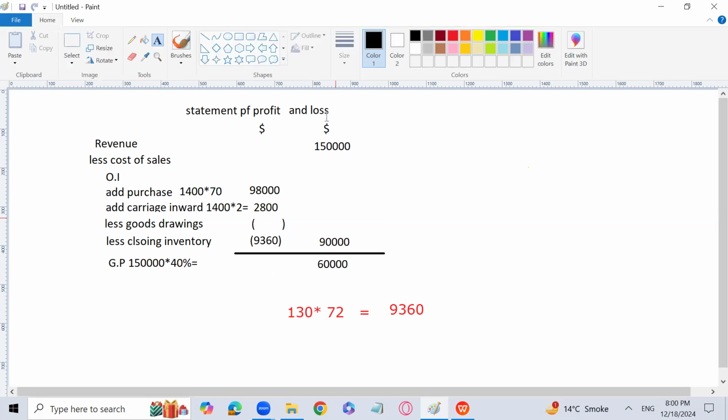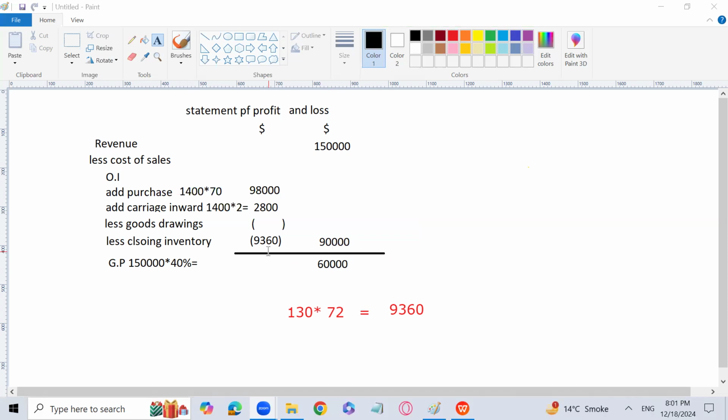So now we'll go reverse to find the missing figure. 150,000 is the amount of sales less gross profit. Gross profit we have calculated directly by multiplying the gross margin with sales, 60,000. 150 minus 60, 90,000 is the cost of sales. Now I will go reverse. 90,000 plus 9360 is going to be 99,360.